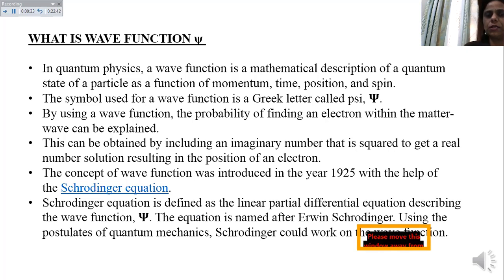You have seen in the uncertainty principle, you have seen in the Schrodinger equation that all our electrons behave not only as a particle, but they behave as a wave.